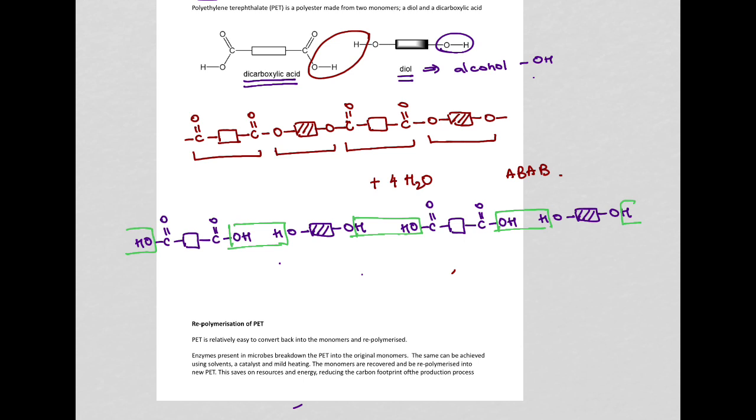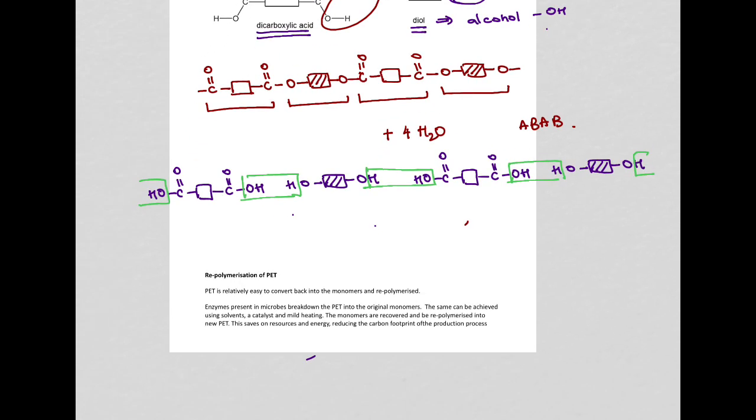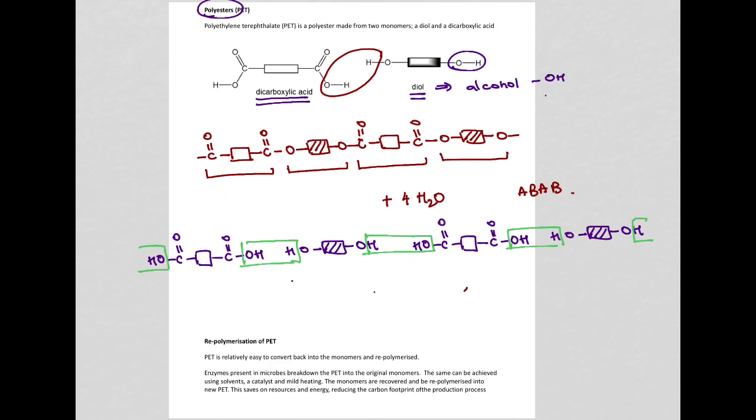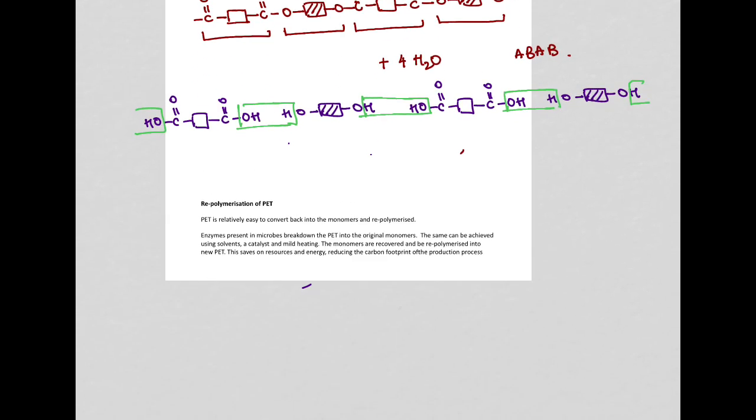So you can see how they are connected to each other. Now, what is special about PET is that it can be easy to convert back into the monomers and then repolymerized. So this polymer here can be broken down into its monomers again, and then the monomers can be repolymerized.